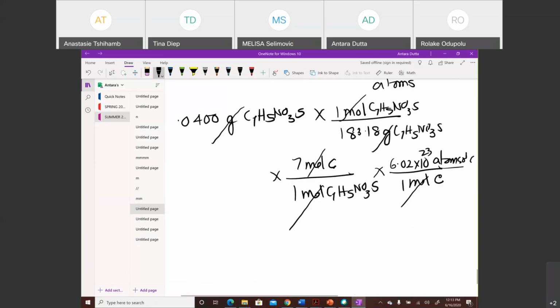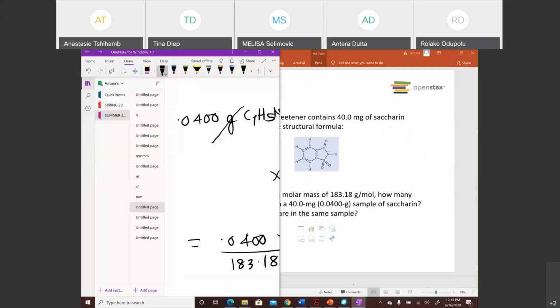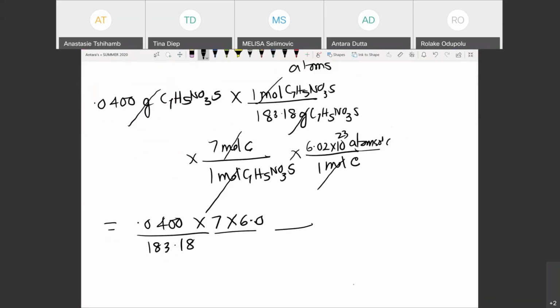So what am I getting at the end? I'm getting 0.0400 divided by 183.18 times 7 times 6.02 times 10 to the 23 atoms of C. Are you guys okay, or do you have questions?